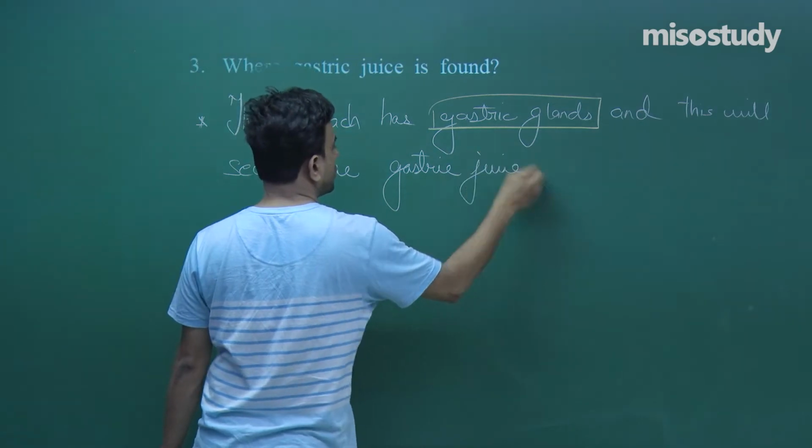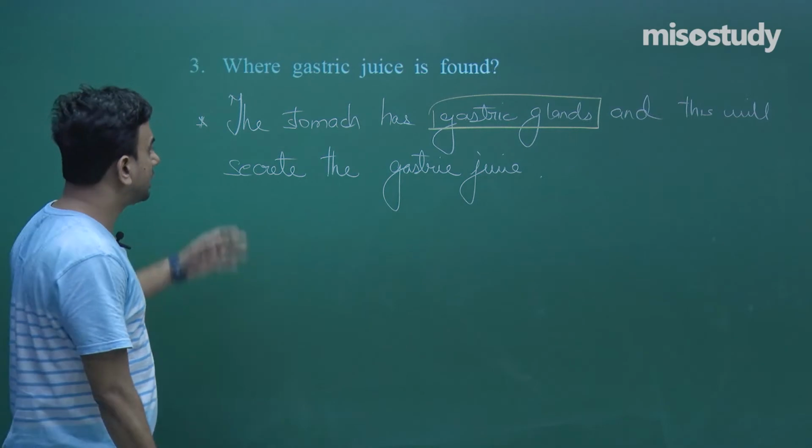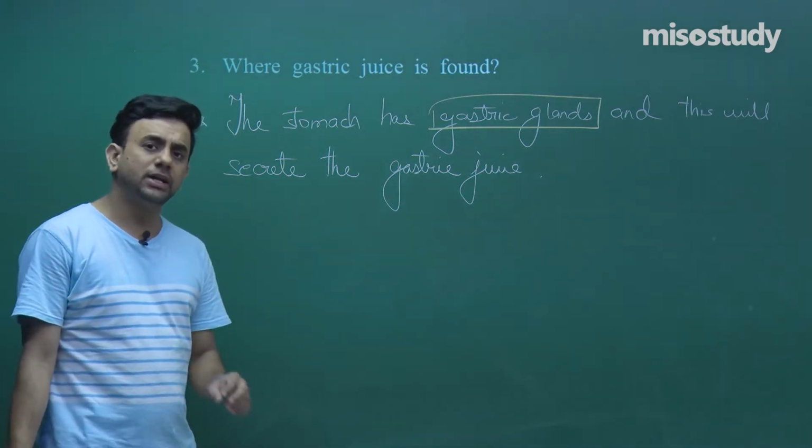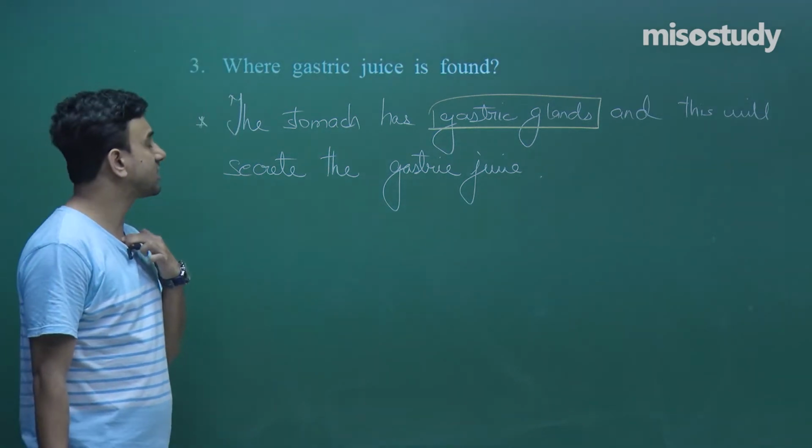So what all does the gastric juice contain? The answer for my question is done. Let us talk a little, one or two sentences, and then we will wrap up this question.